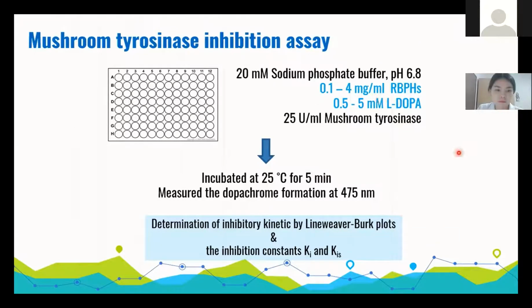The inhibitory kinetics were determined by Lineweaver-Burk plots, and the inhibition constants Ki and Kis were measured by secondary plots of the apparent slope or intercept versus the concentration of the RBPH.